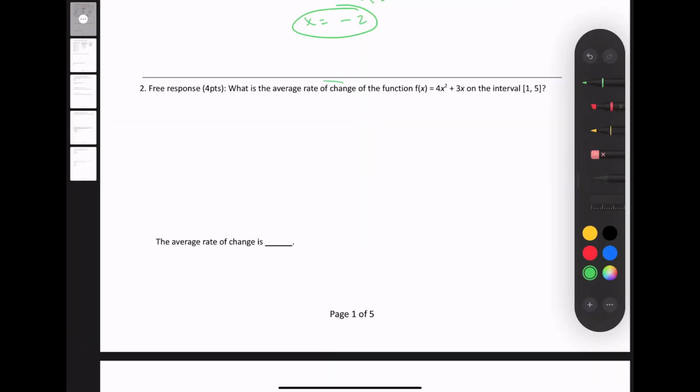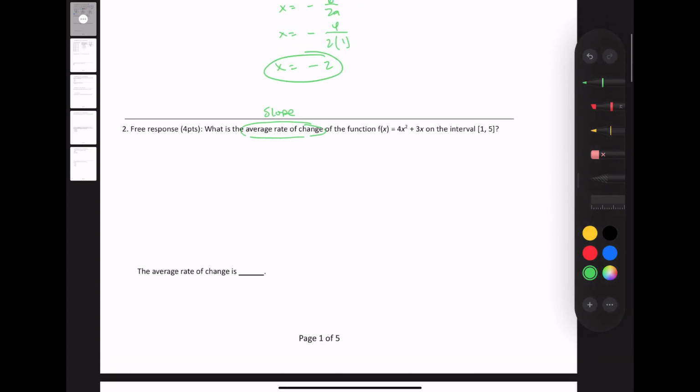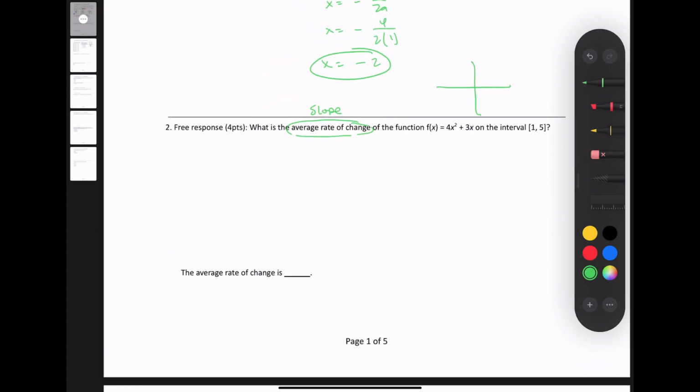So remember, average rate of change is a fancy word for slope. If you just quickly did a simple graph, let's just say your graph looks like this. What you're trying to find there is between 1 and 5.